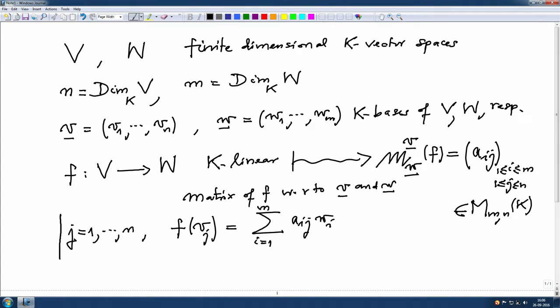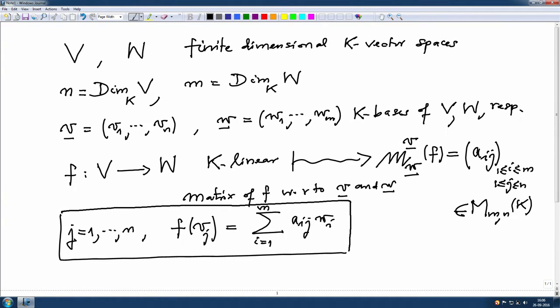These are the equations, they are n equations and they determine this matrix. Okay. And now we are going to study many properties of this matrix.